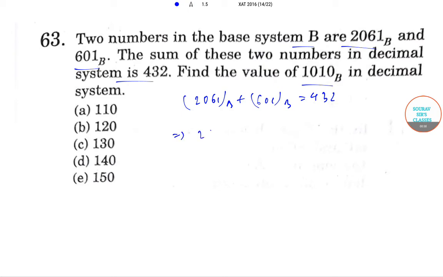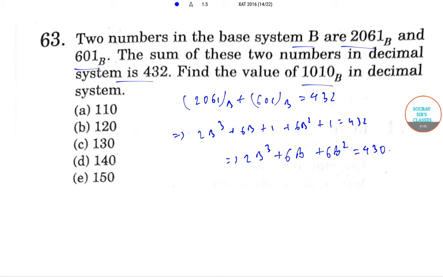We get from here 2B cubed plus 6B plus 1 plus 6B squared plus 1 is equal to 432, or 2B cubed plus 6B plus 6B squared is equal to 430. From here we get B to be equal to 5.